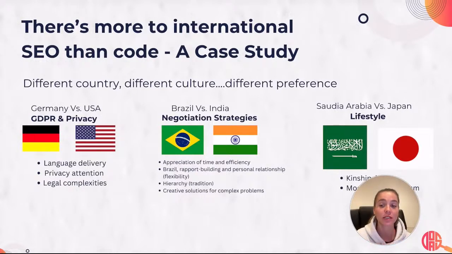The first example of this is Germany versus USA. First of all, it's the language delivery, the attention to privacy and the legal complexities. One big thing that differentiates the US from Germany is the way that people want to buy a service or a product. In the US, it's a lot more direct.